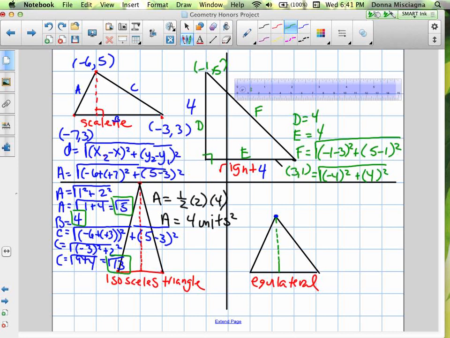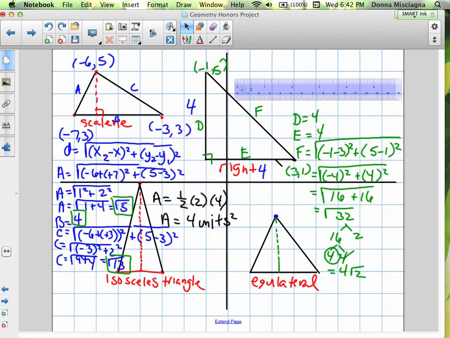That would be just what we would get if we were using Pythagorean theorem. And that would be 16 plus 16. So that would be the square root of 32. And that square root of 32 is 16 times 2. 16 is 4 times 4. So here our answer is 4 square roots of 2. We could simplify that radical. The 4 comes out, the 4 goes away. And that's all there is to these ones.